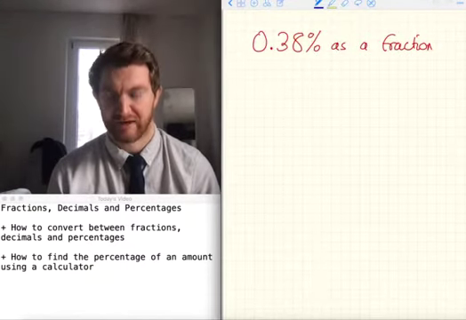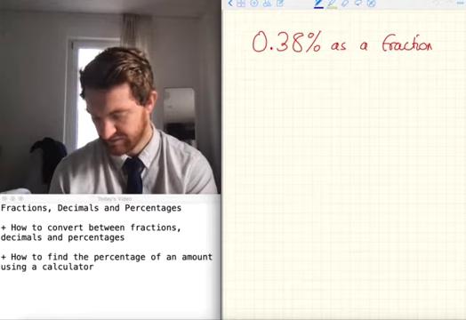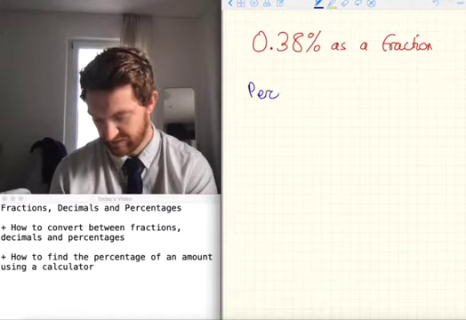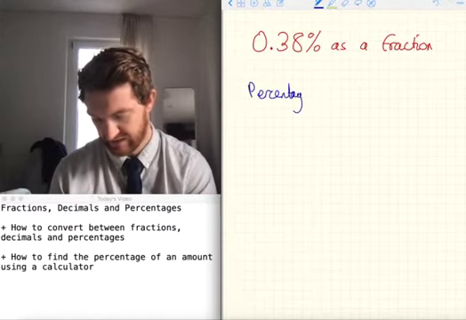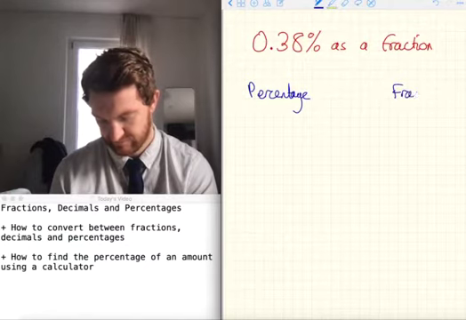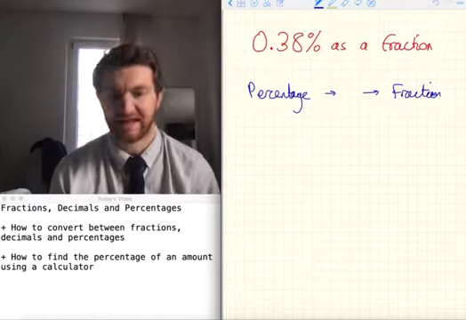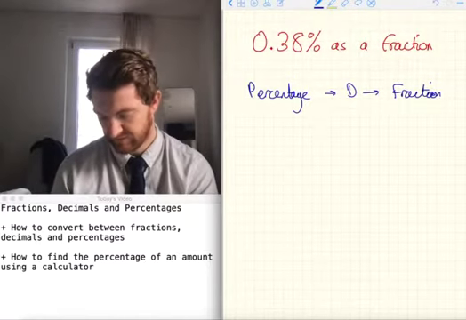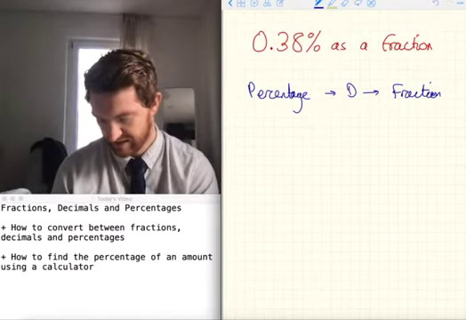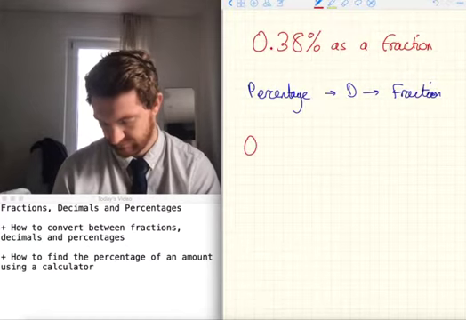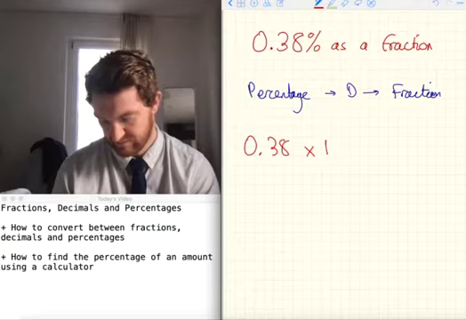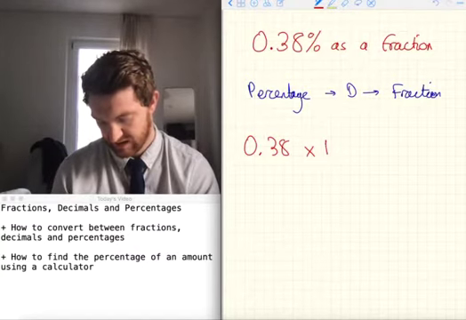And finally, 0.38% as a fraction. First thing you do, now this is a bit of a weird one, when you want to go from a percentage and you want to end up with a fraction, best thing you can do is a middle stage where you change it to a decimal. So we take our 0.38, and the first thing we need to do is times that by 100.